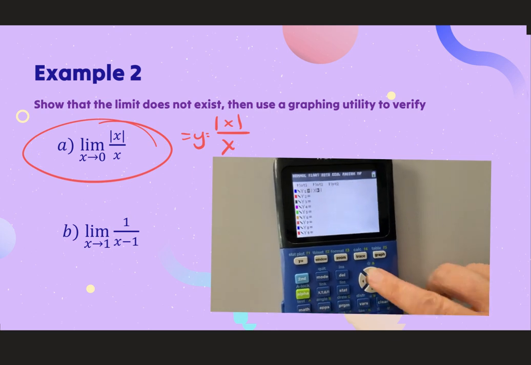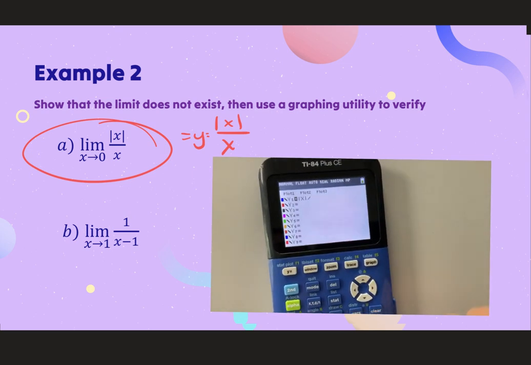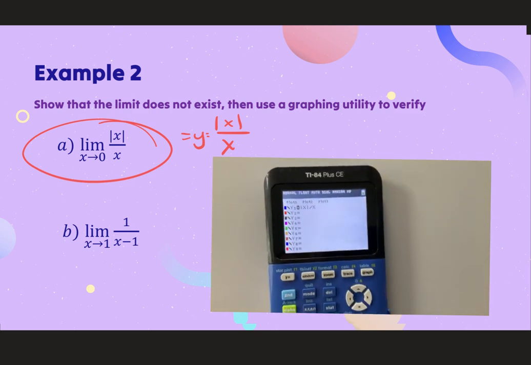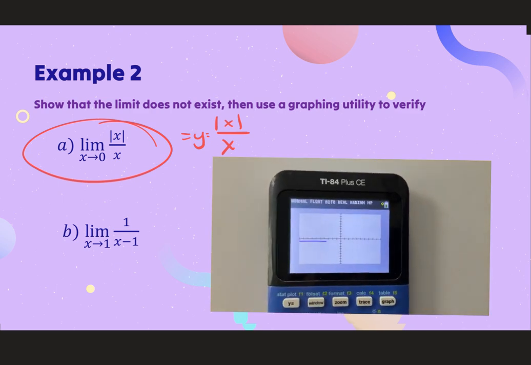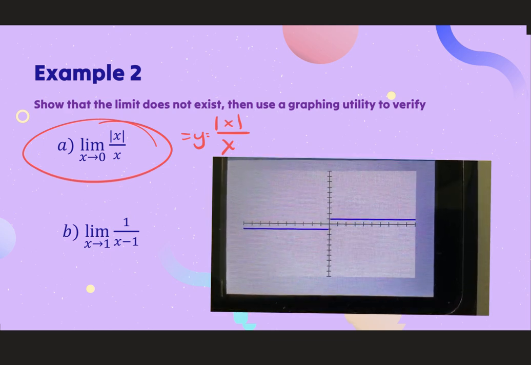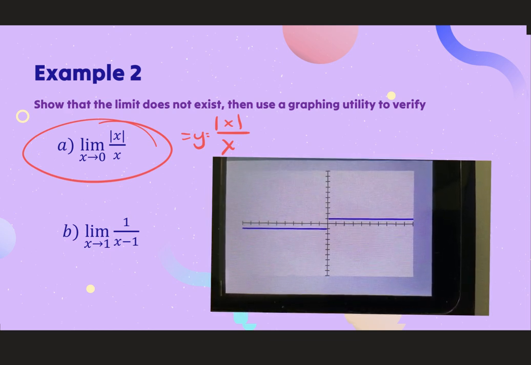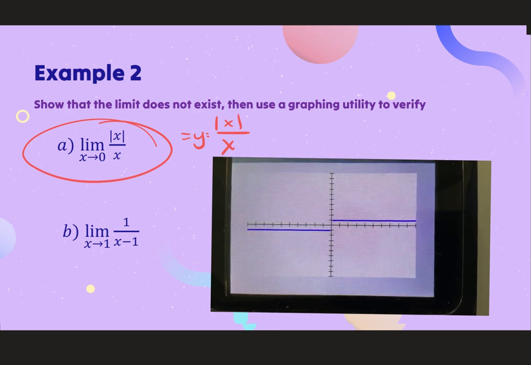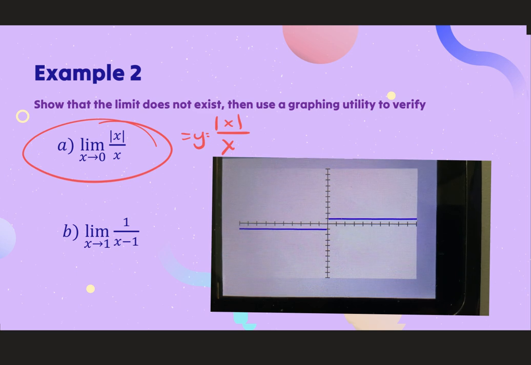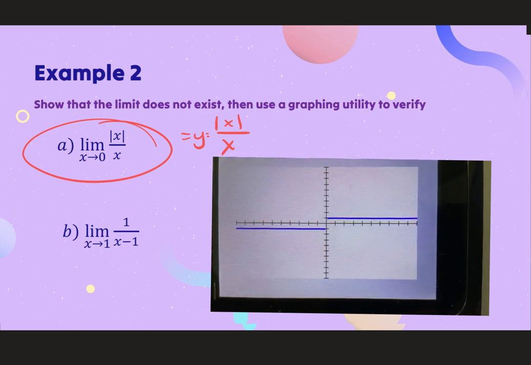And then I put x in there, and then I can divide it by x, or I could have set it up as a fraction, either way. I'm going to hit graph. And it's a piecewise function. If x is less than 0, then my y is at -1, and if it's greater than 0, my y is at +1, okay? So the limit does not exist, and the scenario would be that as it approaches 0, it has two different values.